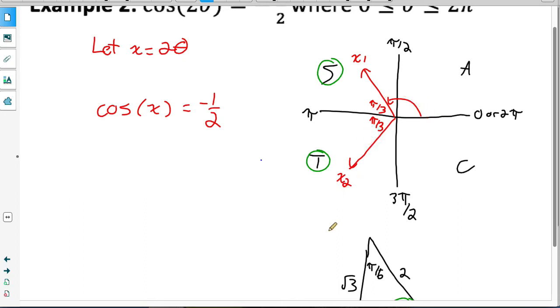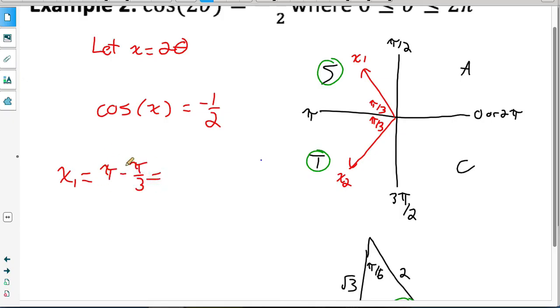So to get those two angles, I'm going to have to do a little bit of calculation. So x1 would equal, well, I fell pi over 3 short of going a full pi. So do pi minus that pi over 3, and that will give me the principal angle to angle x1. So pi minus pi over 3. Think of pi as 3 pi over 3.